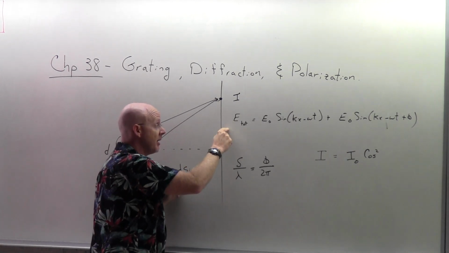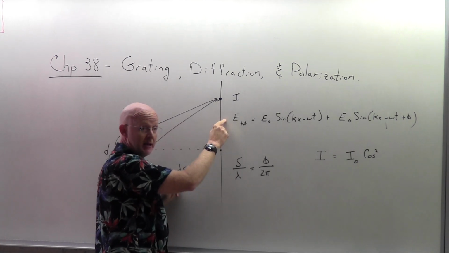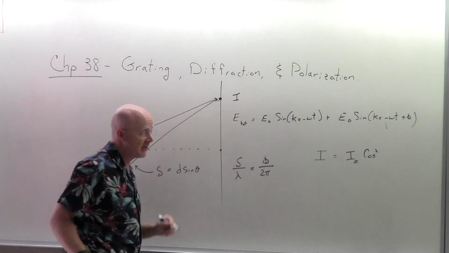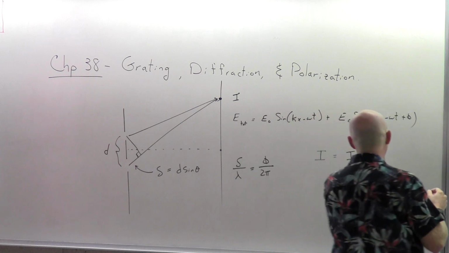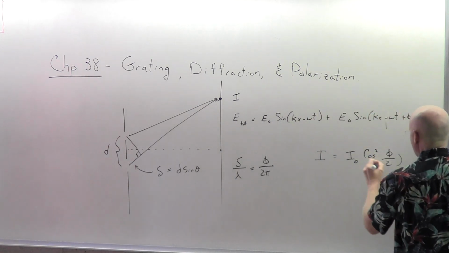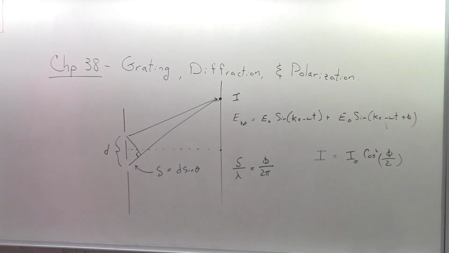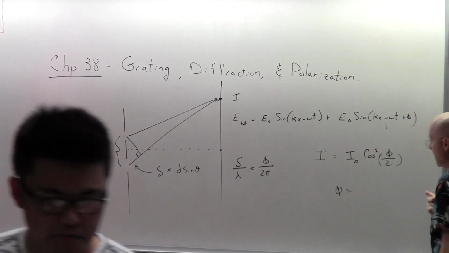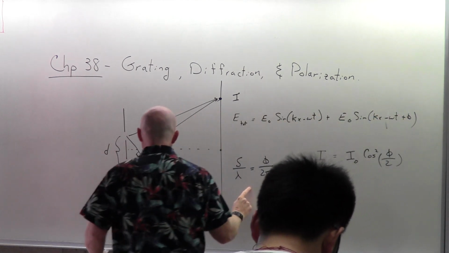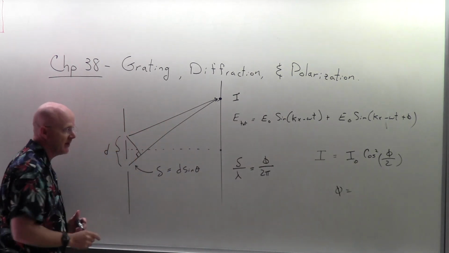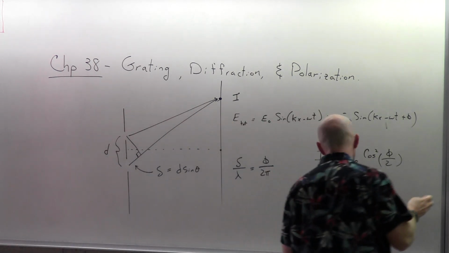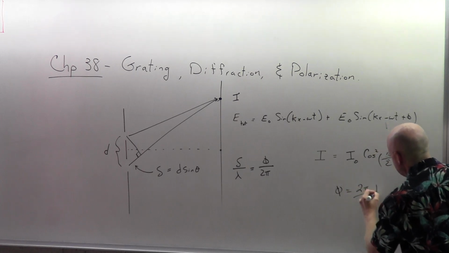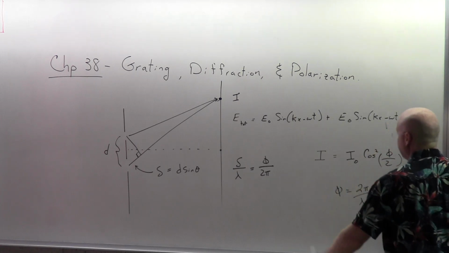Then it would get brighter until it got bright again, constructive interference, then taper off again. You would have this cosine squared based upon the phase angle between those two waves. And that phase angle is contributed from the distance between them. And so that phase became 2 pi over lambda times d sine theta.